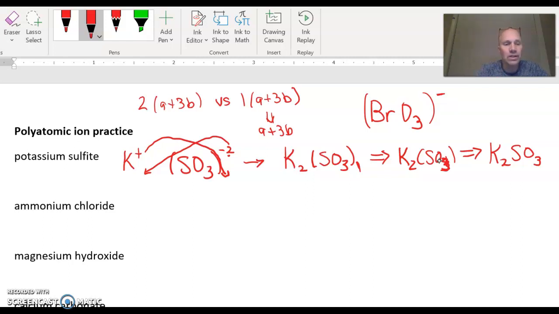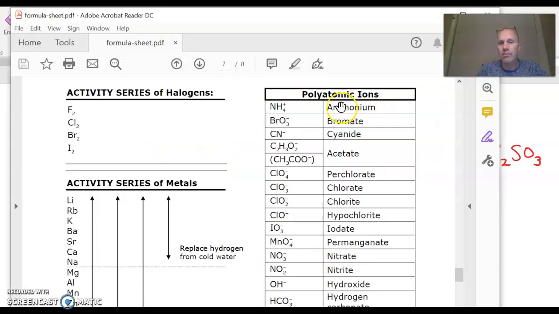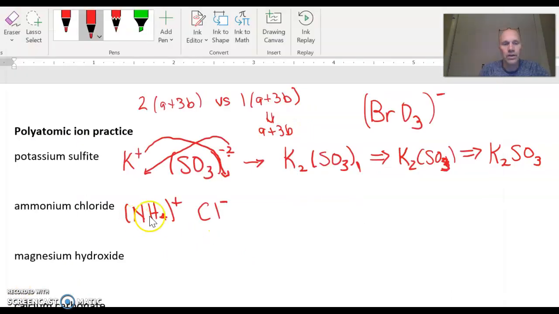Let's move on to the next one, ammonium chloride. Going back to our chart, you can see that ammonium is NH4 with a +1 charge. So again, put the atom quantities in parentheses, put the charge on the outside. Remember, we might drop the parentheses later, but the best way to learn this is to leave them in and then make the decision to take them out at the end if you can.